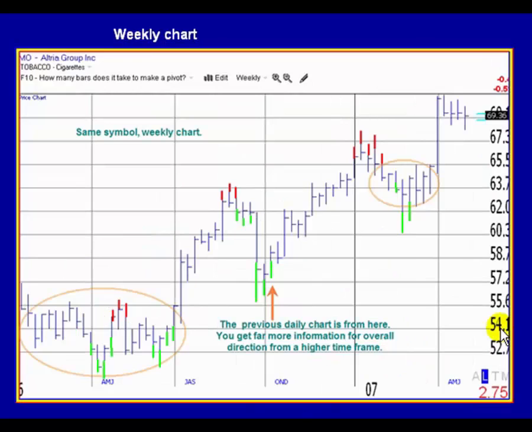So here's the same chart, but on a weekly basis of Altria. In these same areas, if we went back and started overlaying on a weekly basis, here are your stronger pivot zones. Then when you drill down into the daily chart or an intraday chart, let's assume these charts are 4,500, 1,500 down to our 750.